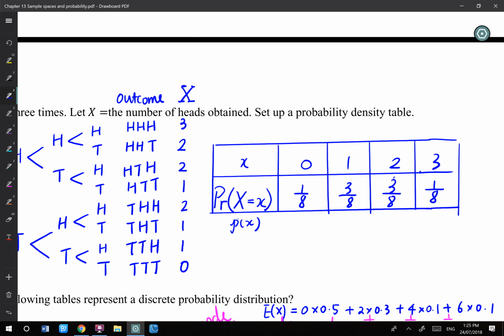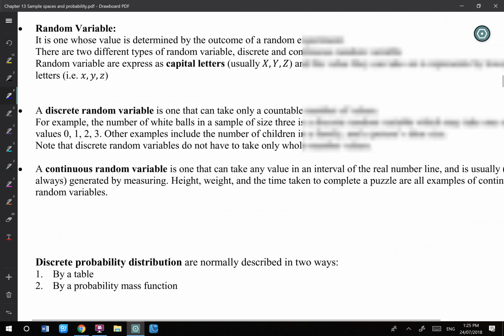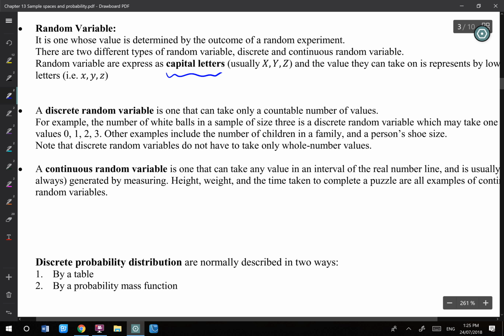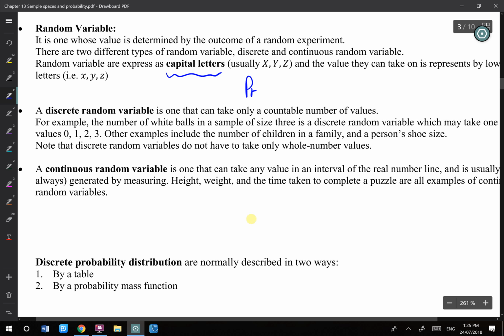All right. Let's go backwards to the previous page. There are some notations they also talk about. Capital letters represent random variables, the thing that can change. Every time you write Pr of something equals something, this is the capital letter and this is the lowercase.